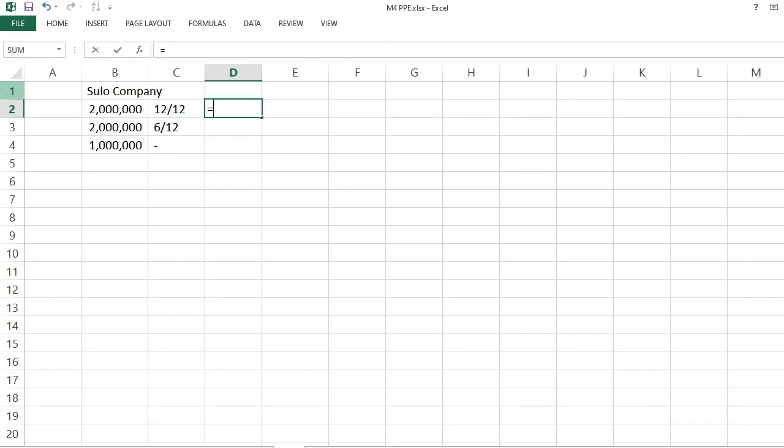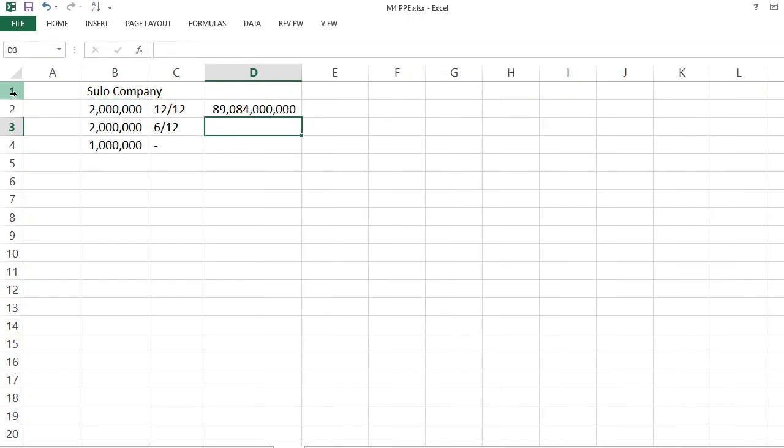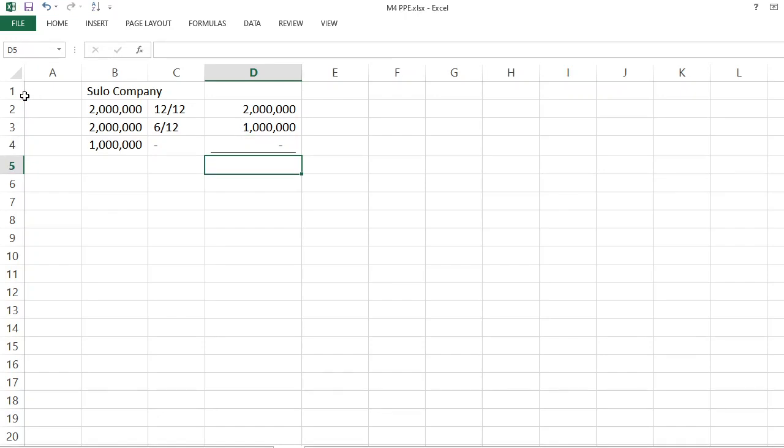So, let's compute. That's 2 million times 12 over 12, that's basically 2 million lang gihapon. And 2 million times 6 over 12, so that's 1 million. And, of course, the 1 million, we are just going to ignore that one. And in total, we have an average of 3 million, right?